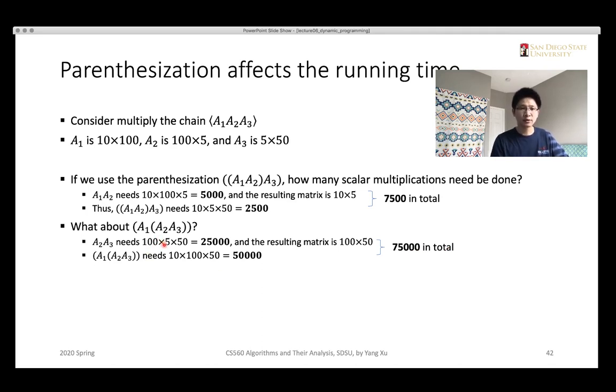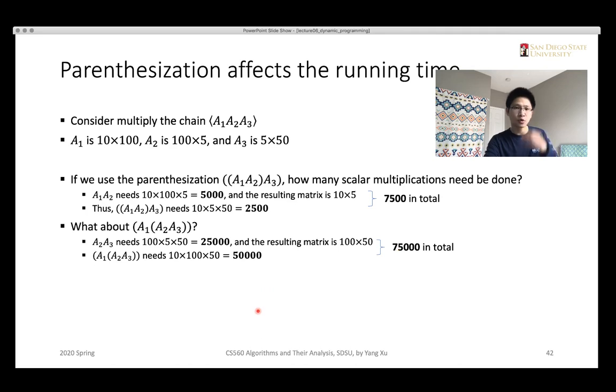So you see, we are doing the same computation. The result of the first way, A1 times A2 and then times A3, totally equals the result of A1 times parentheses A2, A3. But the total number of scalar multiplications differs a lot.